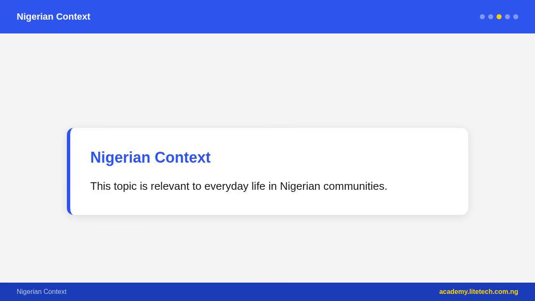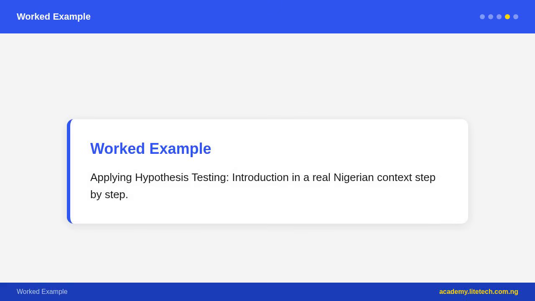Test statistic: z equals (10.15 minus 10) divided by (0.5 divided by the square root of 36), equals 0.15 divided by (0.5 divided by 6), equals 0.15 divided by 0.0833, which is equal to 1.80. Decision: 1.80 is not in the critical region, since 1.80 is less than 1.96.